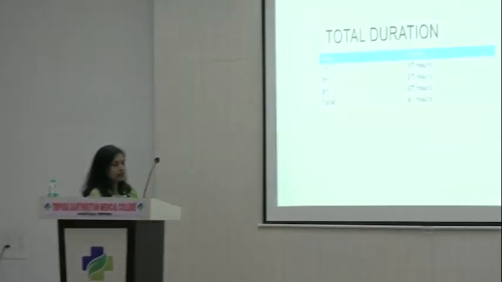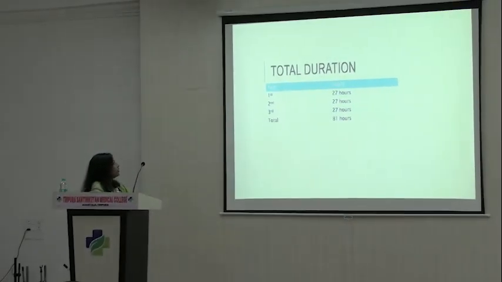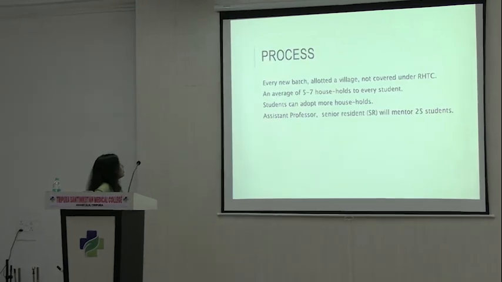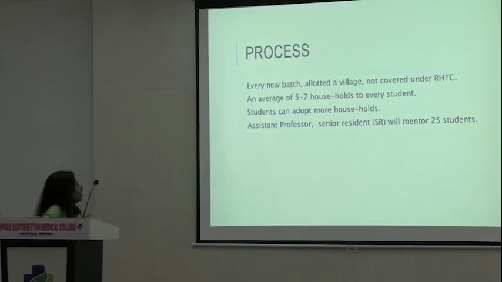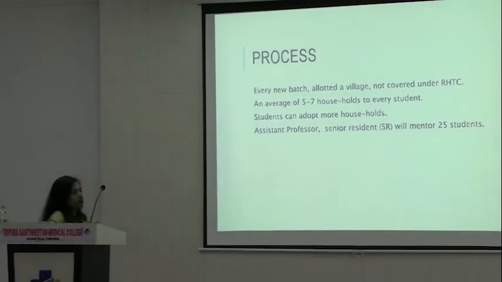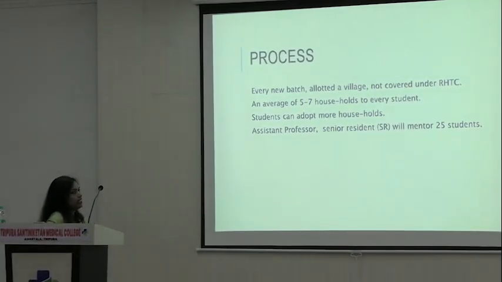Okay. So total duration 27 years in each year. So in total 181 hours are spent in the family adoption program. The process: every new batch is allotted a village not covered under RHTC, Rural Health Training Center.